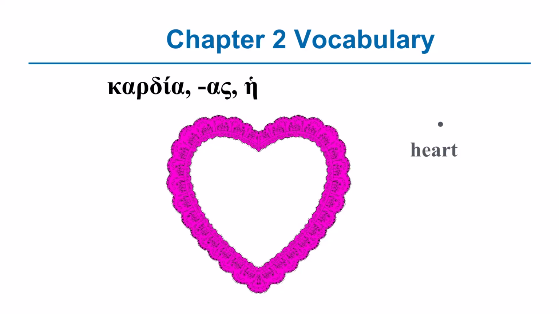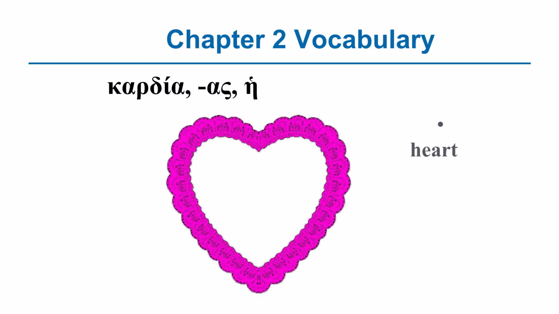The next word is cardia. This is not capdia. That one is not P, but it's Rho, which is equivalent to ara. After kappa, you have alpha, and then you have Rho. So don't mistake that to be P. It's not capdia, it's cardia.